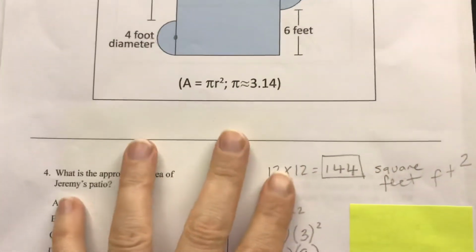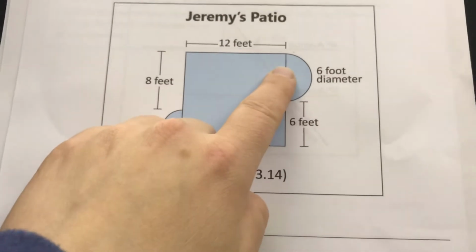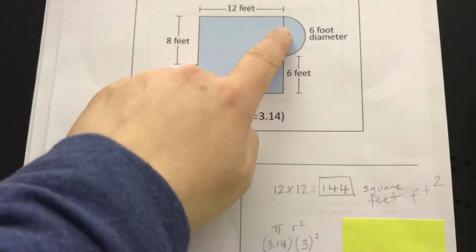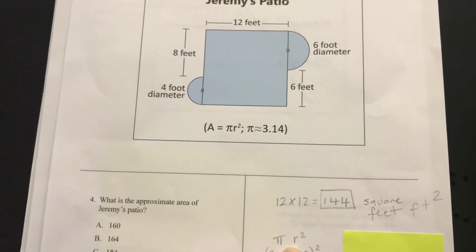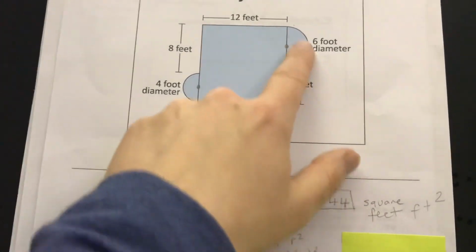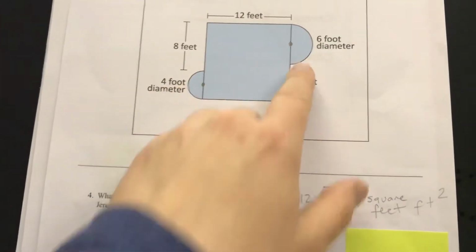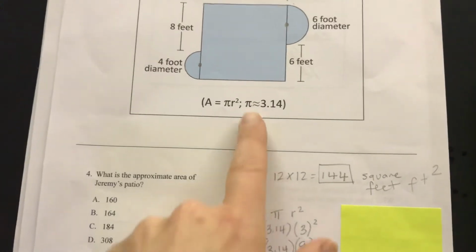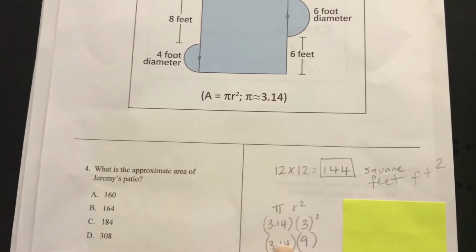Give me a second. Okay, so I'm going to take this one first, and I'm going to write out the equation pi r squared. So to find the area of this whole circle, I'm going to write pi, which it tells me is 3.14. That's a constant.